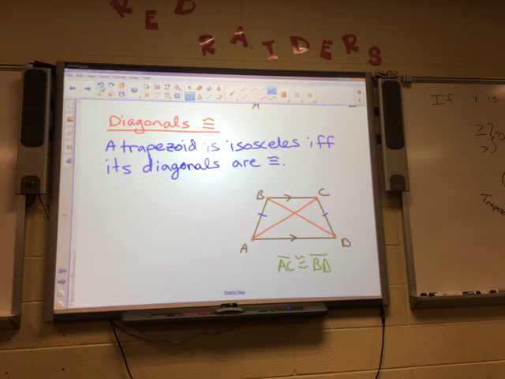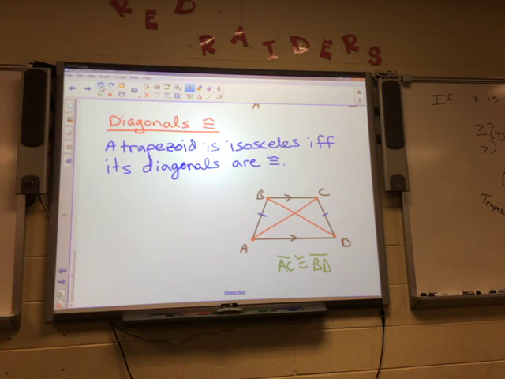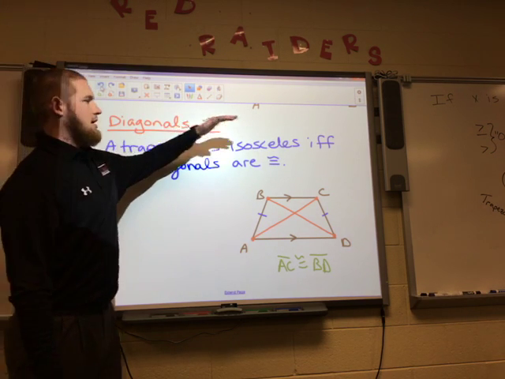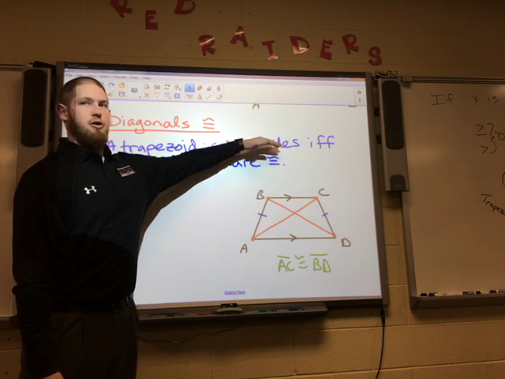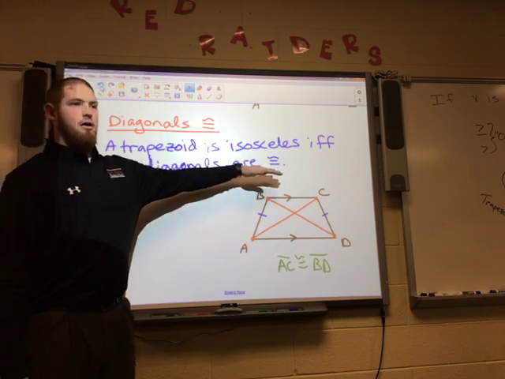Now, notice this theorem has something special about it. What is it? It is a biconditional statement. So that means it's the original and the converse all in one, right? So this says if a trapezoid is isosceles, then the diagonals are congruent.